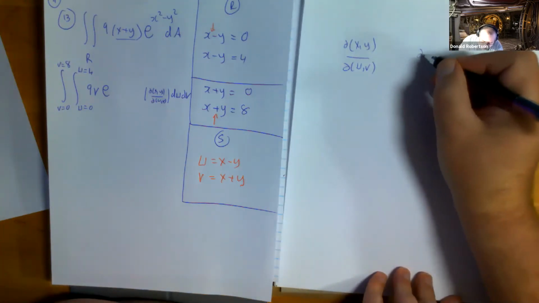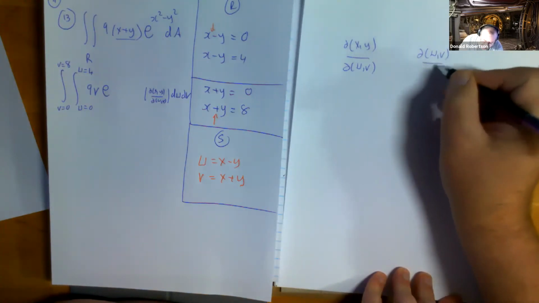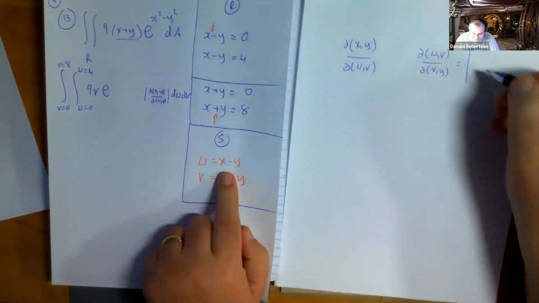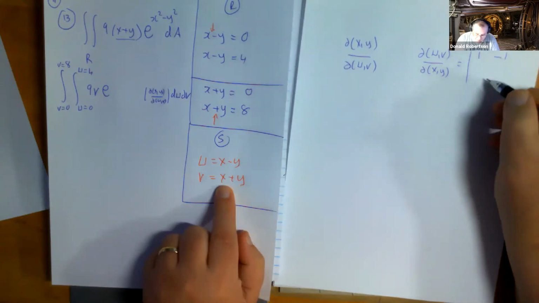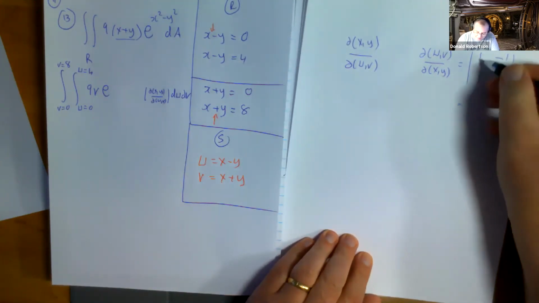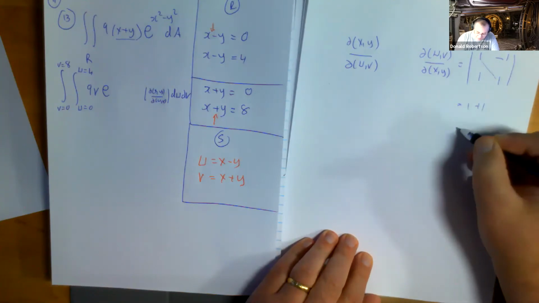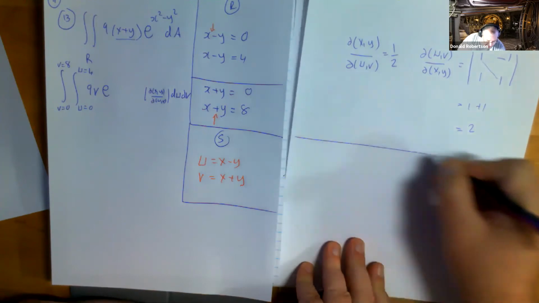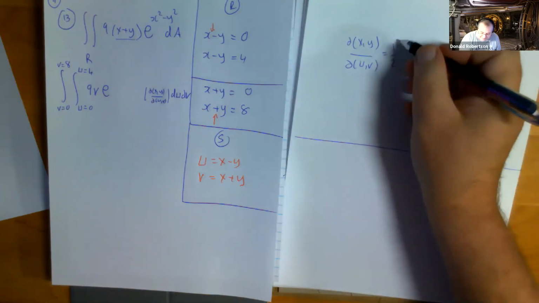In other words, we find that Jacobian. And what does that get me? It gets me 1, -1, 1, and 1. Which if you do major, take away minor, you get 2, which makes that Jacobian a half. So we've taken care of the Jacobian, right? It's a half.